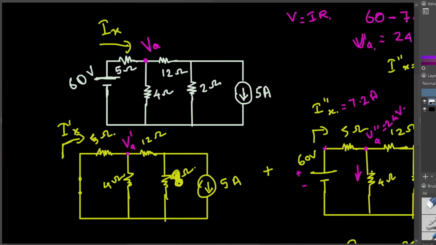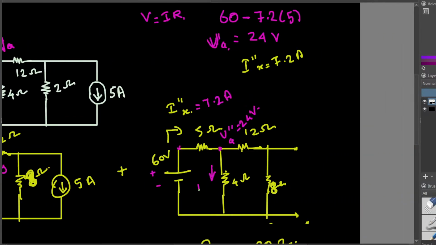Let's label the current name. If I label this current in the original circuit as IY, here is going to be I prime Y, and here is going to be I double prime Y. Okay, I can find the I double prime Y. I double prime Y is going to be equivalent to voltage divided by the resistance. Voltage is going to be the voltage difference.